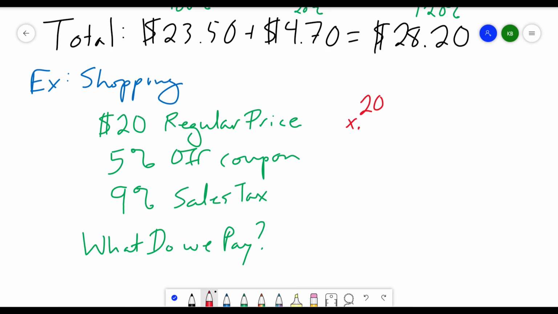So we're going to do $20 times 0.05, which is our decimal form of 5%. We do that multiplication, we get 0. We get 2 times 5 is 10. So 2 decimal places. So I'm going to take $1 off. So this is my discount. This is the regular price.